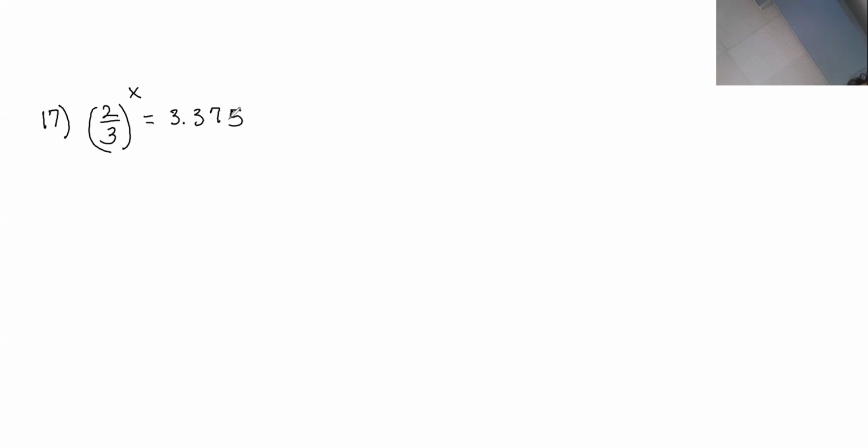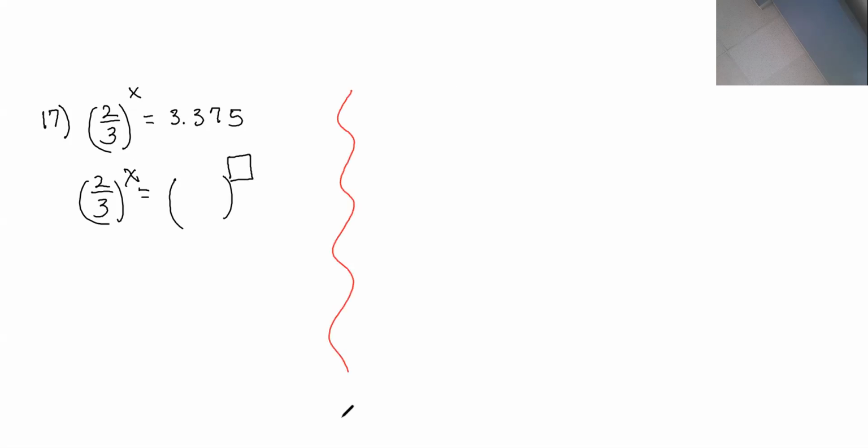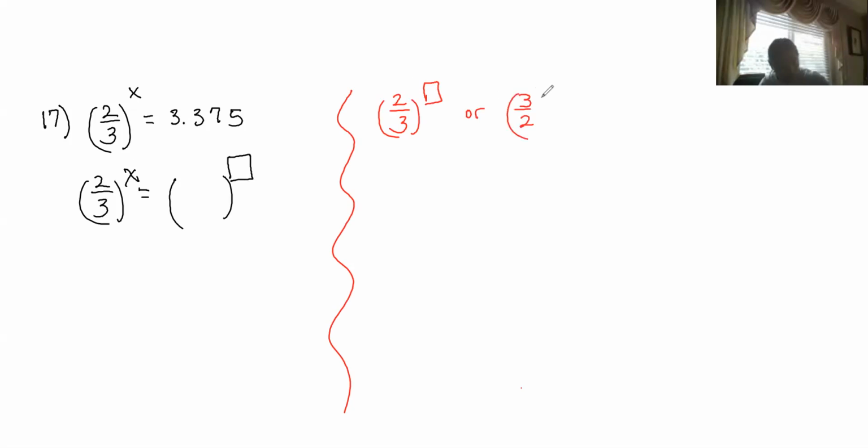All right, so I'm going to try to get these to be the same base. Now, I'm going to leave 2/3 to the x equals some fraction raised to some power. I don't know what the power is yet. So I'm going to do some side work over here and try to figure out what it is. Now, I know I'm going to use either 2/3 to a certain power or 3/2 to a certain power, because I'm going to try to get it to look like this.